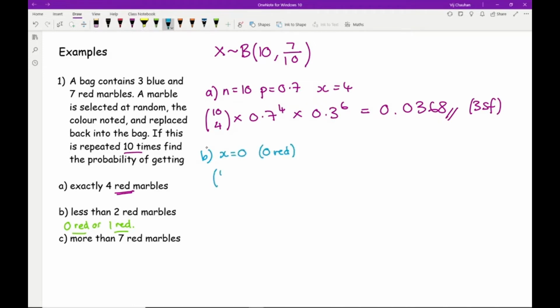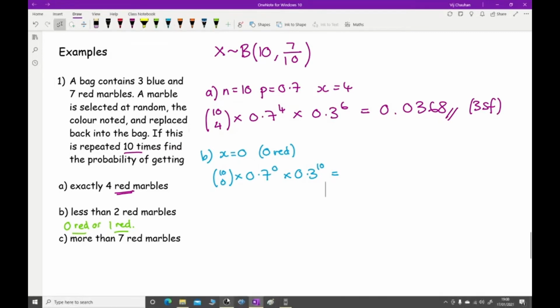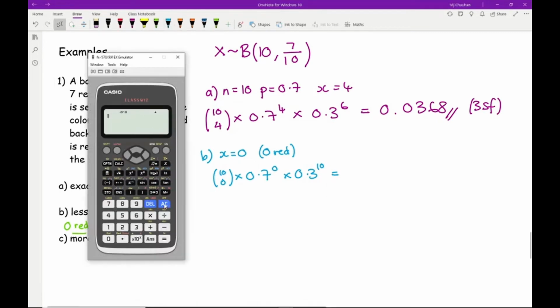Here I'm going to have 10 C 0 times 0.7 to the power of 0, because I've got 0 reds, times 0.3 to the power of 10. If I type that into my calculator, I have 10 shift nCr 0 times 0.7 to the power of 0 times 0.3 to the power of 10.